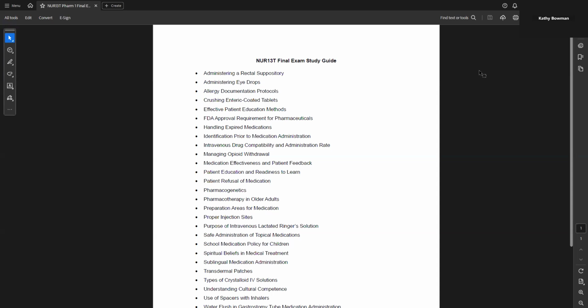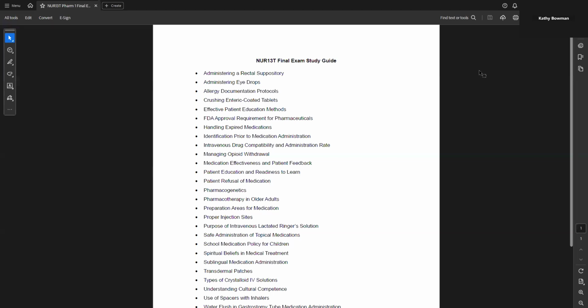You don't want to just insert it without a lubricant, to minimize discomfort. You're going to insert it beyond the internal anal sphincter because otherwise the patient is just going to squeeze it out. You're going to ask the patient to relax the muscles while you insert.